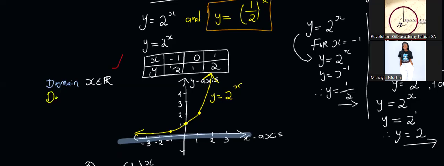The reason we are saying that is because you know how your graph moves. So this basically means you can just say x is an element of negative infinity up until positive infinity.